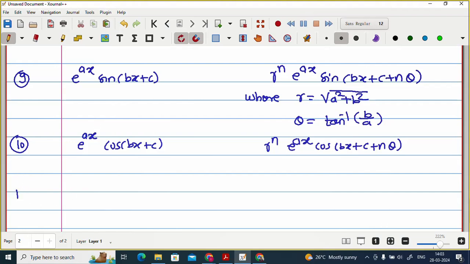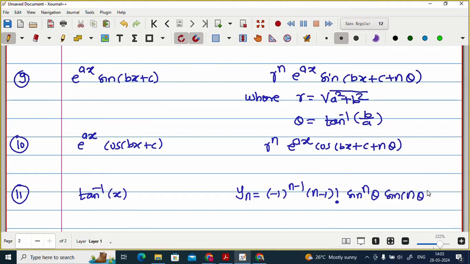And the last one, as a special case, remember this also, that if your y is tan inverse of x, then its nth derivative yn is given by minus 1 raised to n minus 1 factorial into sine raised to n theta, sine of n theta, where theta is tan inverse of 1 upon x.